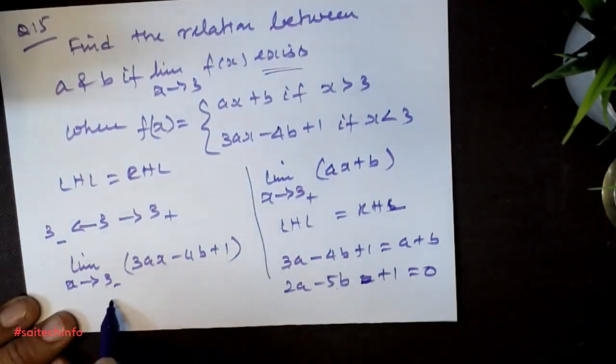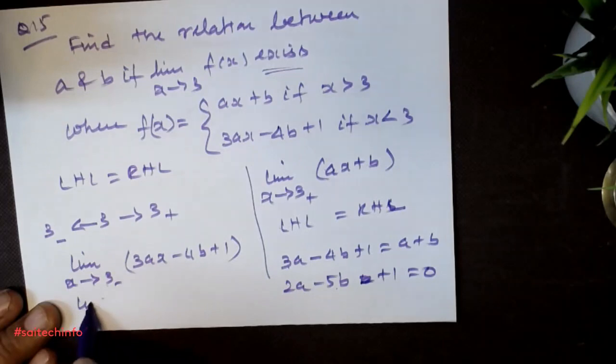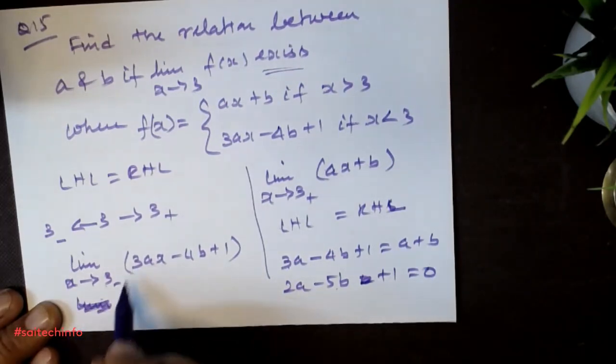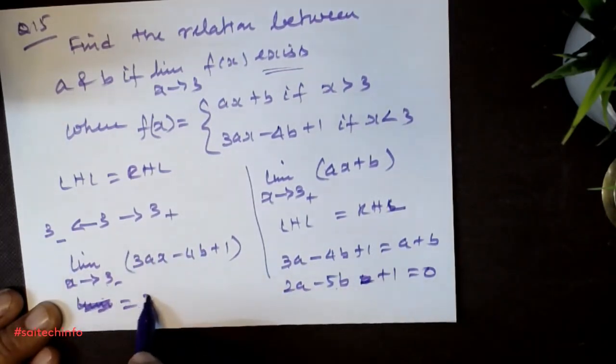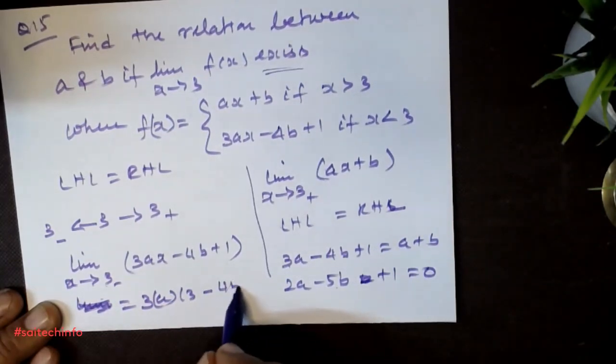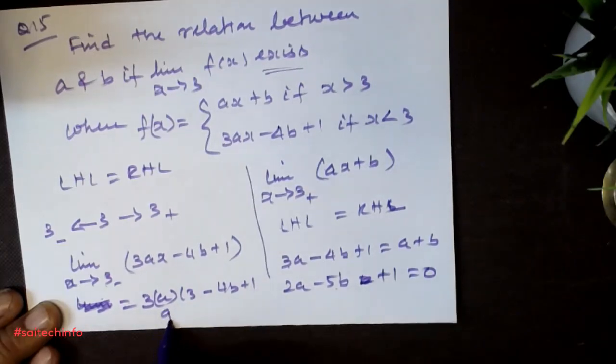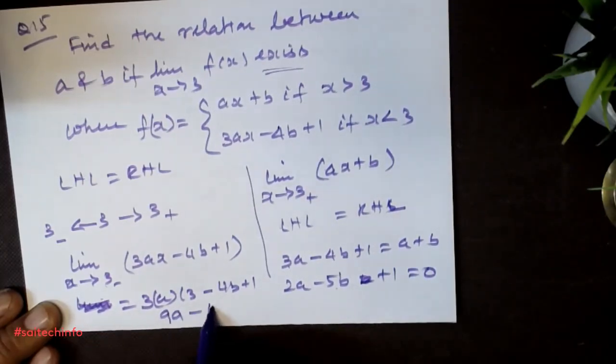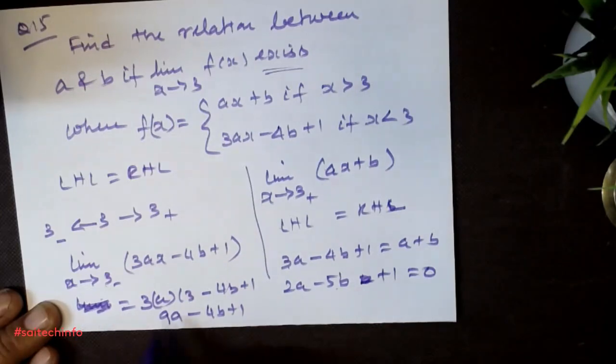I can put like this, I'm sorry, the value is 3 into A into 3 minus 4B plus 1, that is 9A minus 4B plus 1. This is the LHL value.